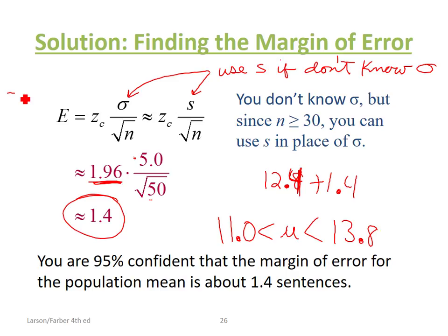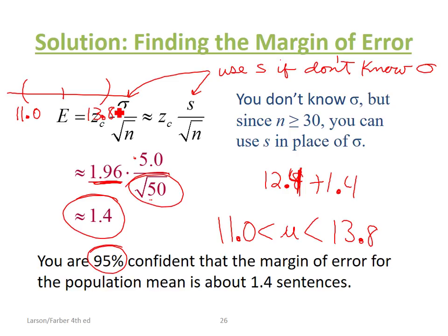So what we're saying is, if we took a sample of 50 magazine articles and we found the mean of those 50, or actually, if we took all the magazine articles in the world and we found the mean of them, we're 95% confident that we would fall in the range of 11.0 up to 13.8 sentences.